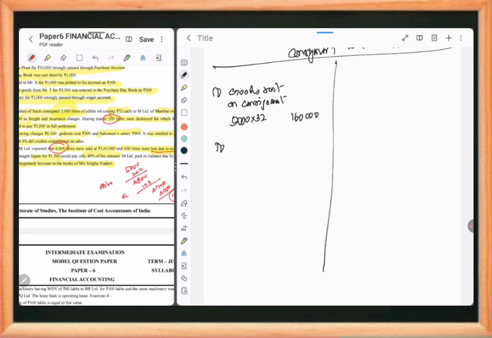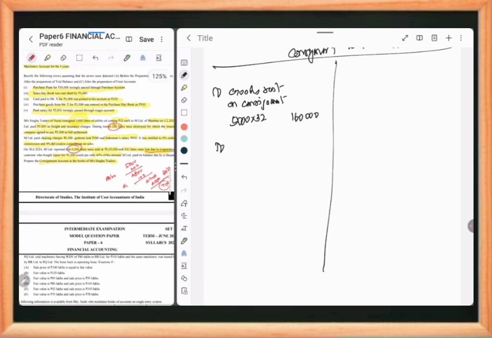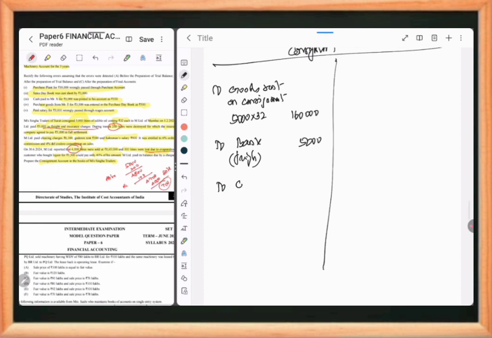Apart from that, he has spent some expenditure, that means towards freight and insurance, this amount. So 5,000 rupees to bank, freight and insurance charges. 5,000 rupees he spent. The consignee also spent. Consignee spent means consignment account debit to consignee.